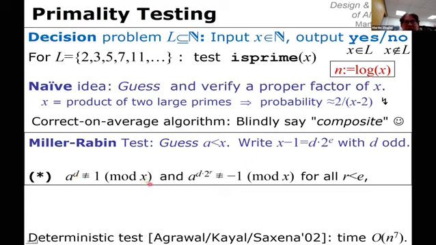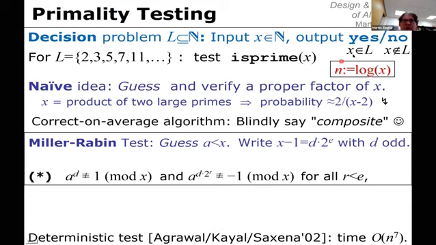Actually, every multiplication will be executed modulo x. This prevents the number from becoming very large. Raising a number to the dth power could result in a very large number, but we do all of this modulo x, and therefore the number remains small, bounded by x. And similarly here, we can calculate these powers efficiently using repeated squaring and then check whether it's congruent to -1 or not. So this is a very efficient algorithm.